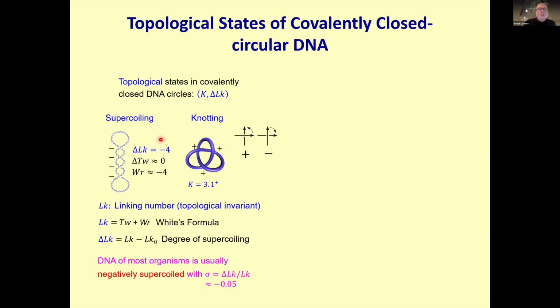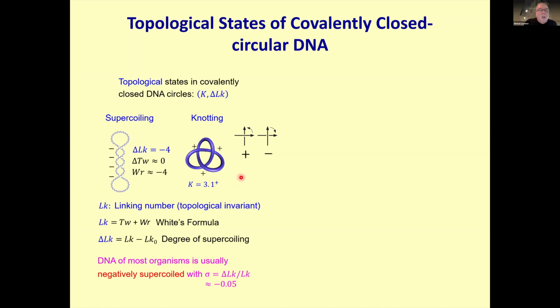Now, in addition to supercoiling, the axis of the DNA can also assume a non-trivial topology. And one example of this is knotting of the DNA. As shown here, this is an example of a positive trefoil knot, the simplest knot that one can make using a circular string.